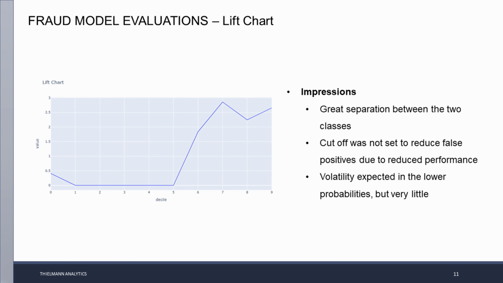The lift chart has a nice upward trend with little volatility, especially in the lower bins. There's a nice sharp rise right after our cutoff, and that identifies that we are correctly separating these predictions. Overall, the model performed very well, and later we can dive a bit deeper on the evaluation topic.